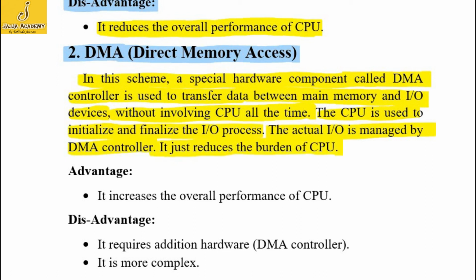During the actual input output operation, the CPU need not be involved in this operation. All the activity is managed by the direct memory access controller. And during this time, the CPU is free to perform its own important operations. This is how the DMA controller reduces the burden of the CPU.